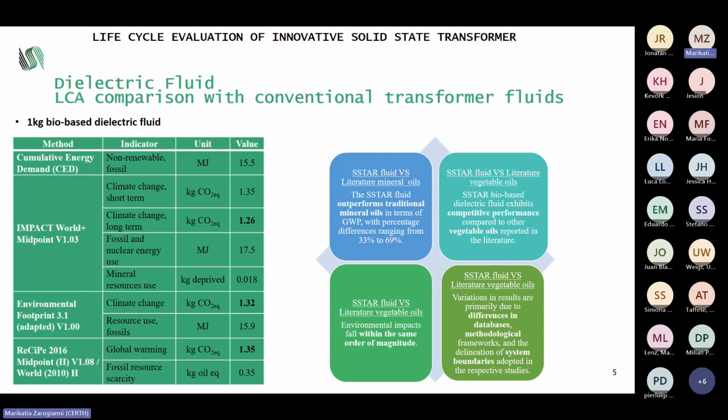A comparison of STAR fluid with mineral oils from the literature, which are an alternative option of transformer fluids, shows that STAR fluid outperforms the mineral oils in terms of global warming potential, with percentage differences ranging from 33 to 69.